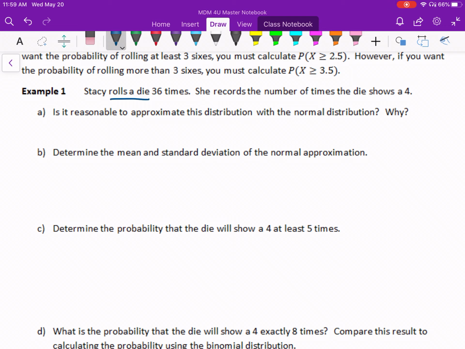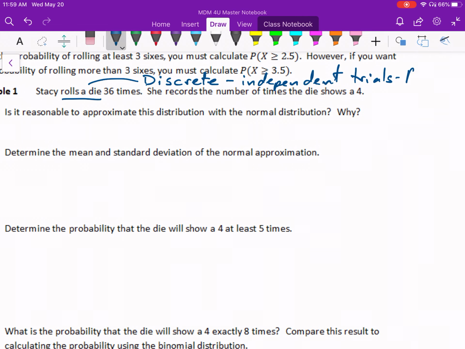Rolling a die is definitely a discrete variable, and they're independent trials. Every time I roll a die is completely not influenced by any previous die rolls I've had. They're all independent, so that makes it binomial.